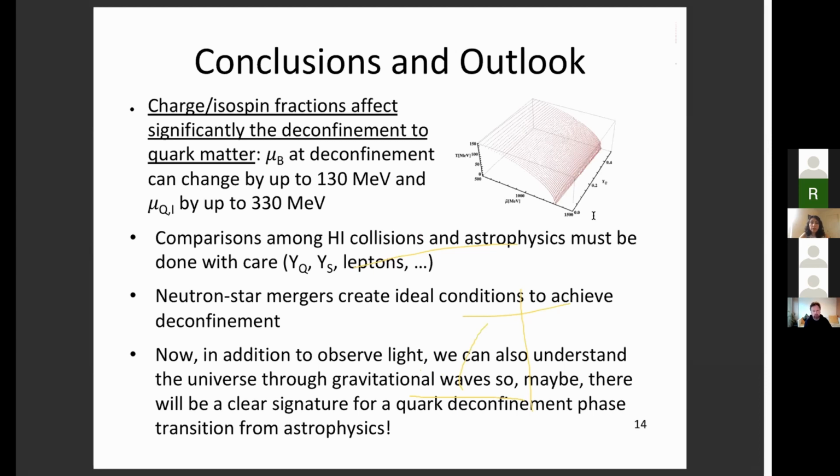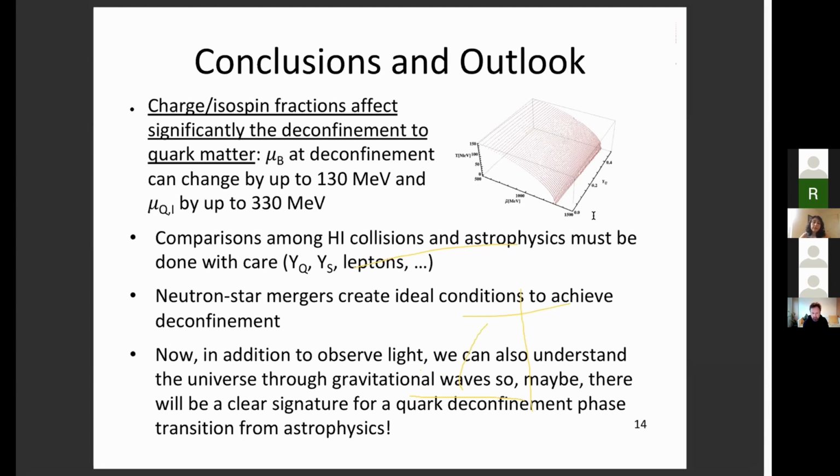If you go to low energy heavy ion collisions, the conditions are similar in temperature and entropy to the conditions in neutron star mergers, but you have to always keep in mind that there are differences, like, for example, the charge and isospin fractions and respective chemical potentials, and these do affect the position of the confinement. I put some numbers here.